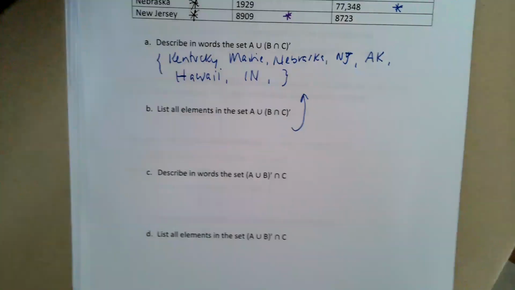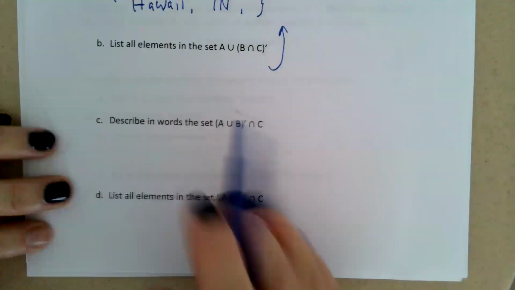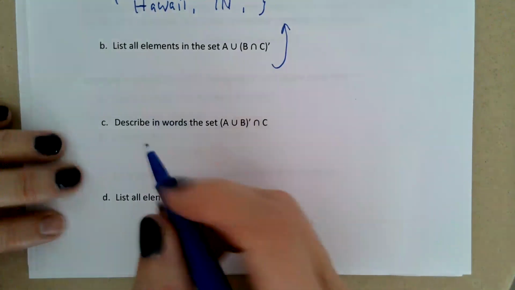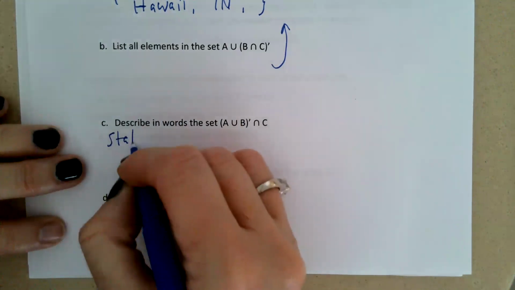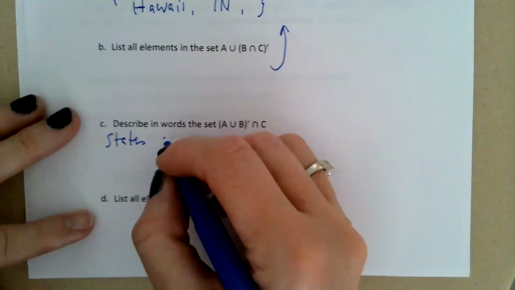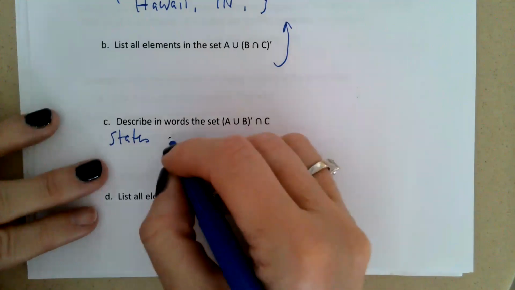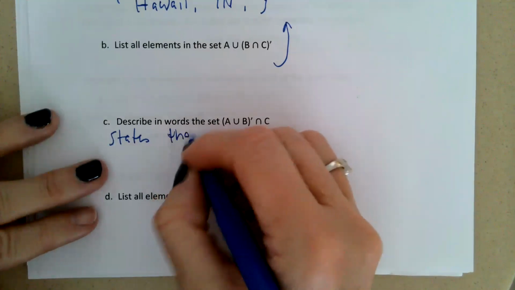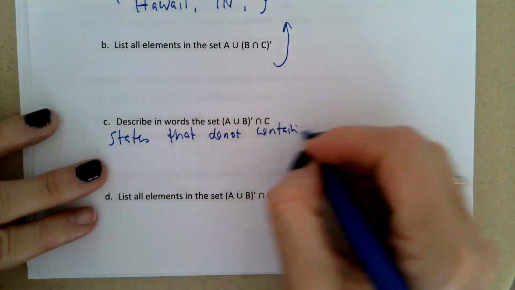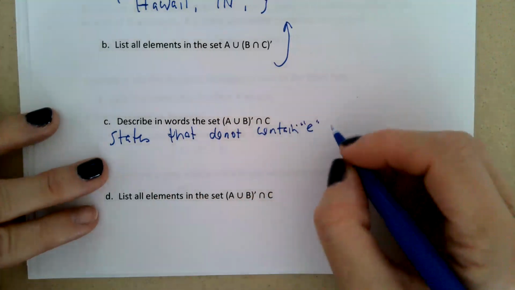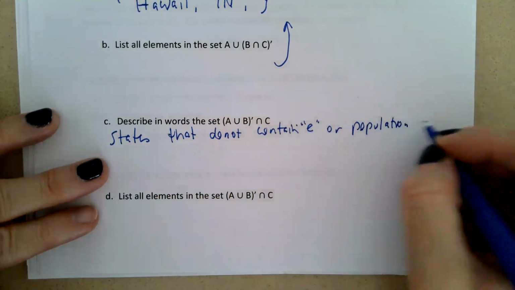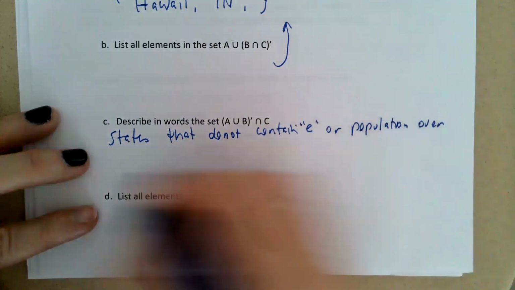Okay. Letter C says, describe in words the set A union B, so not in A union B, but intersects with C. So this would be states that do not contain E, or population over 4 million.